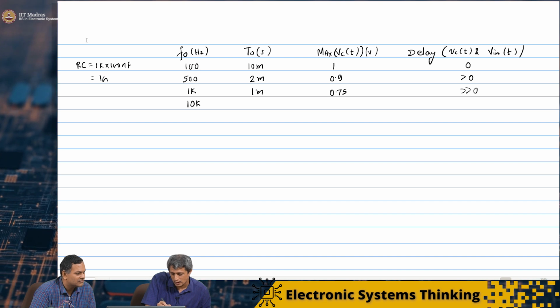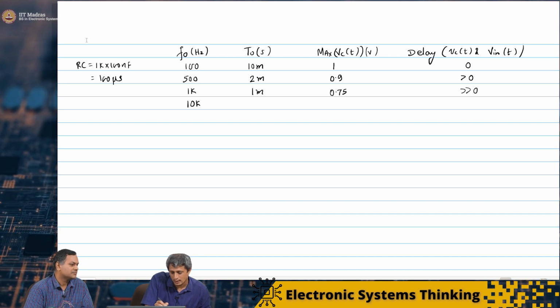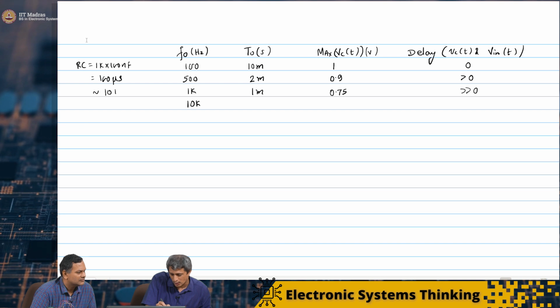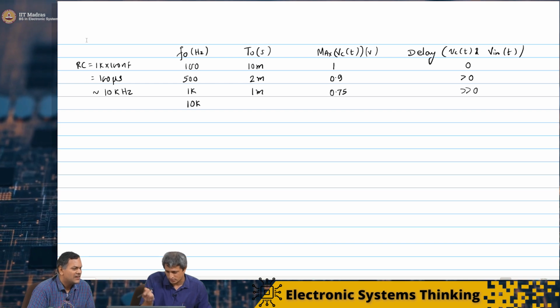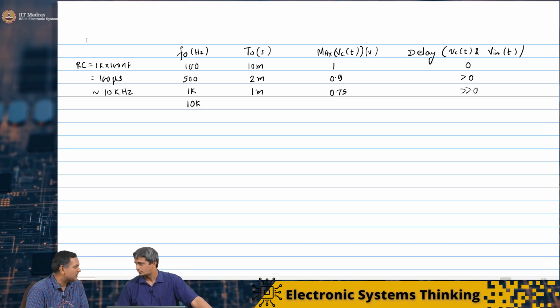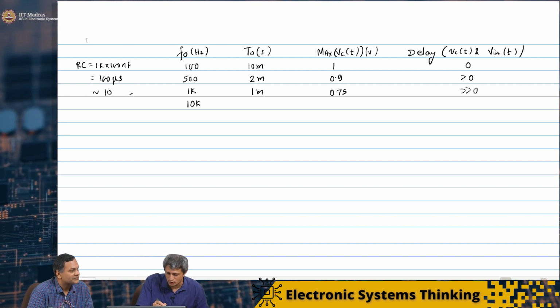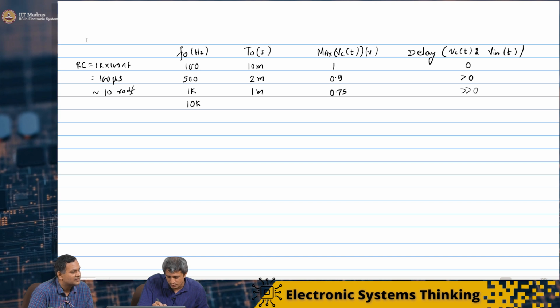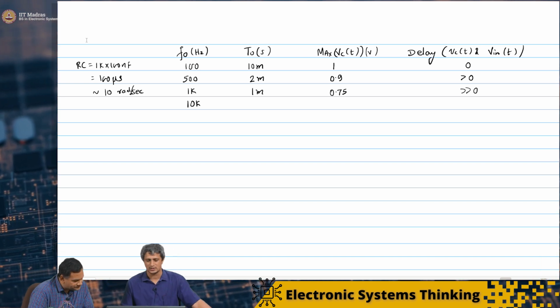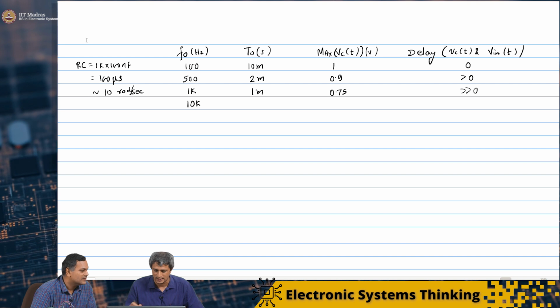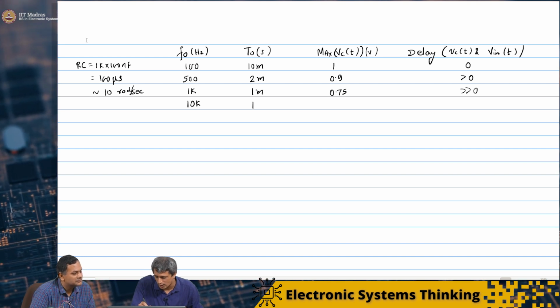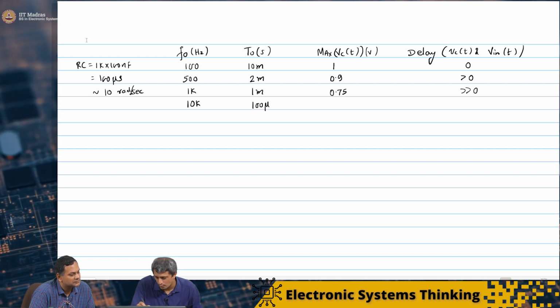Exactly, 100 microseconds, and this was approximately 10 kilo radians per second. Technically, I should call it radians per second, because this is angular frequency, not the frequency. And so 10 kilohertz corresponds to 100 microseconds.